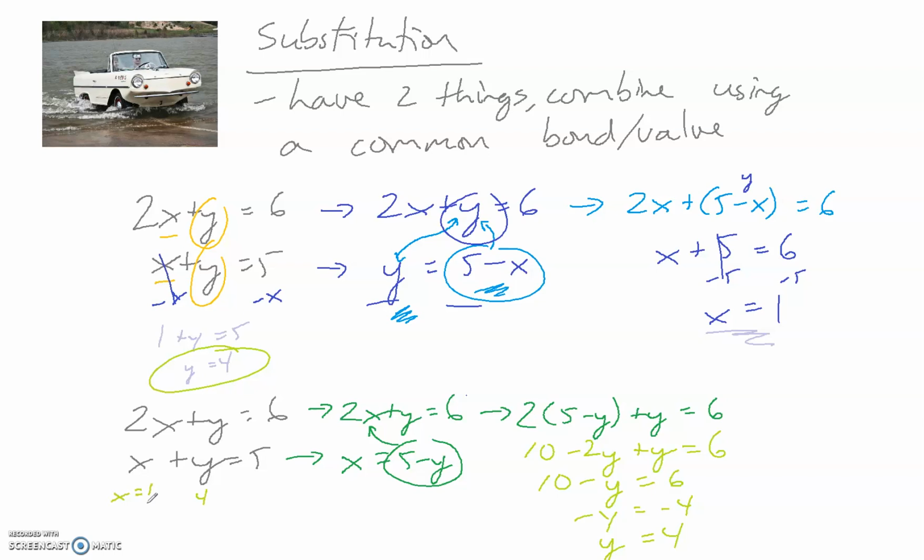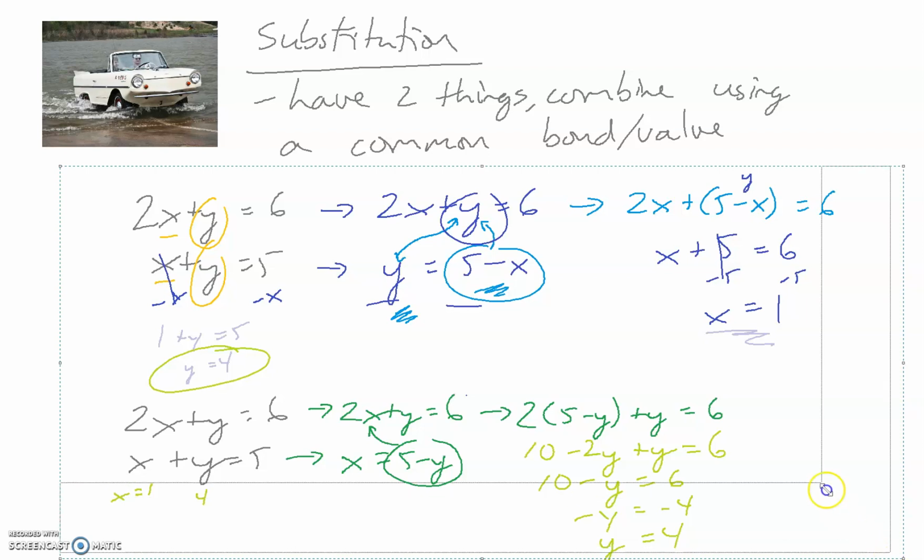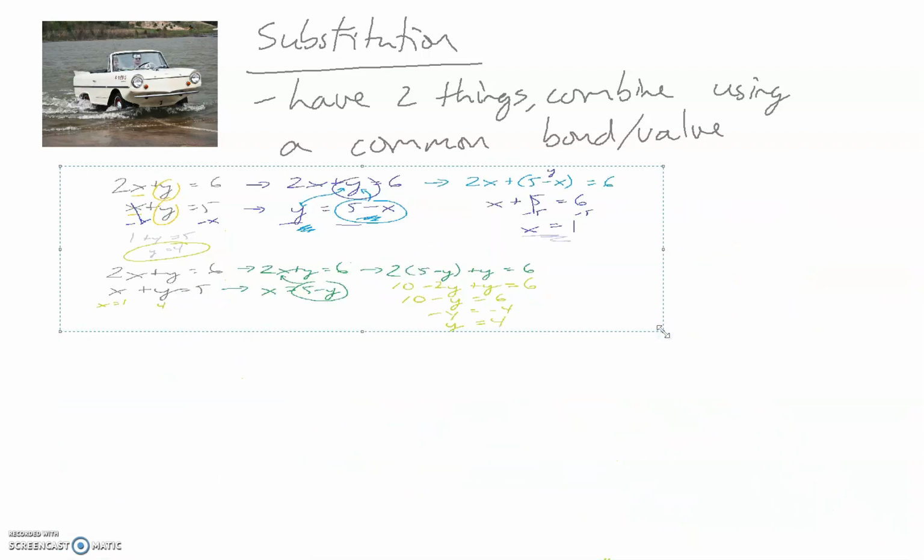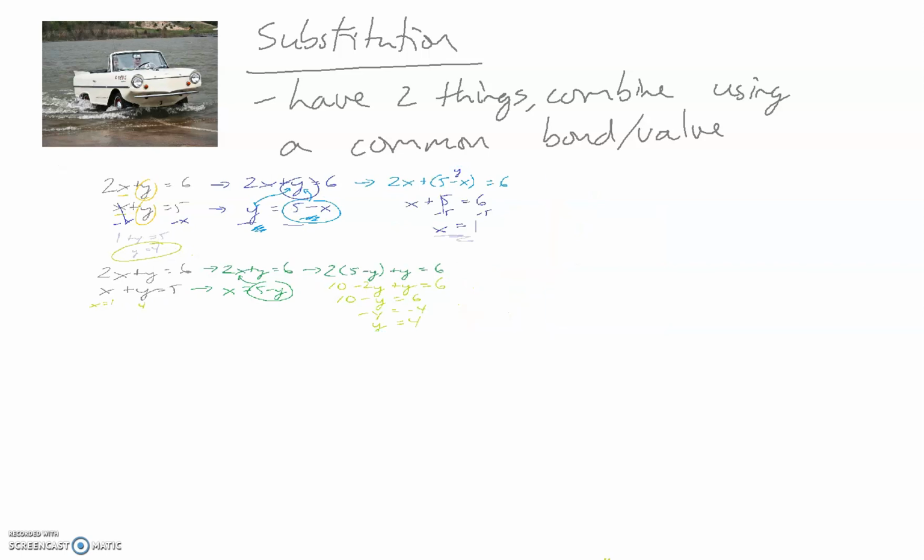Okay, so that is the basic idea behind substitution. So let's take this and shrink this down. Okay, and let's look at what we did here. If we look at what we did, there are certain steps to doing this, and it's relatively straightforward.